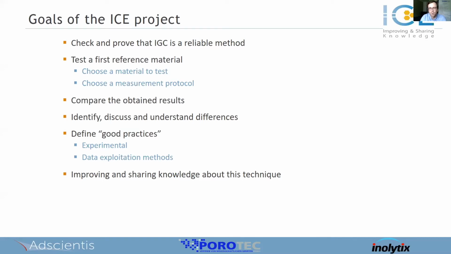Here we are at the point to identify, discuss and understand differences. But this helps us to define good practices for experimental setup and protocol as well as for the data exploitation. Last but not least, it is important for us to develop an IGC community, to have discussions and to improve our knowledge.